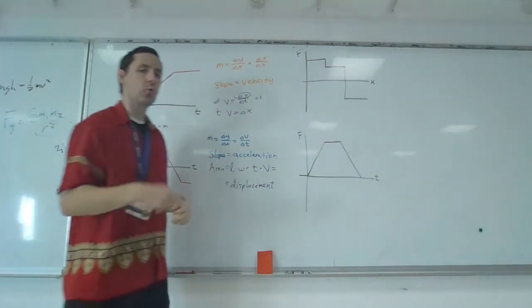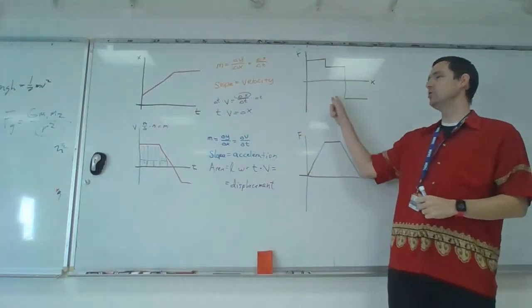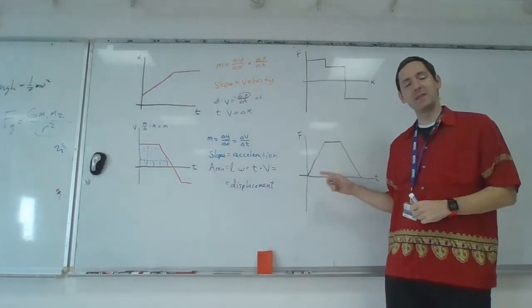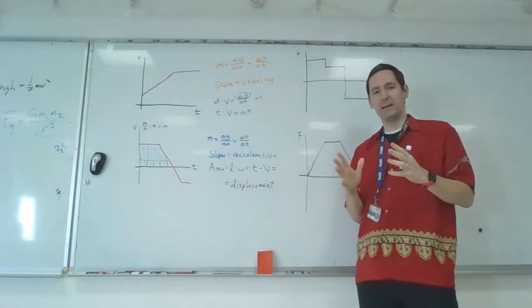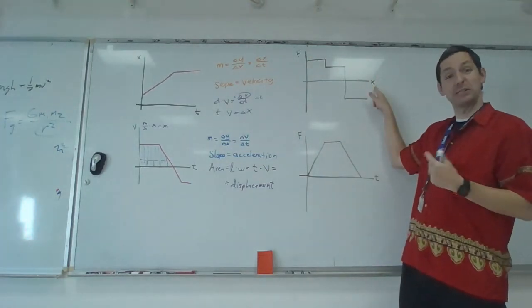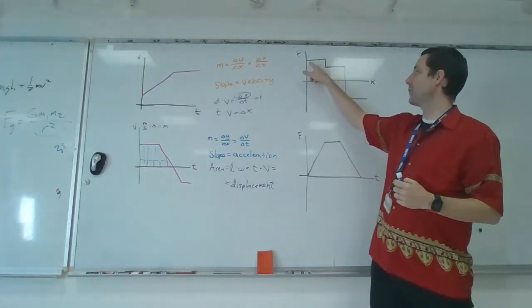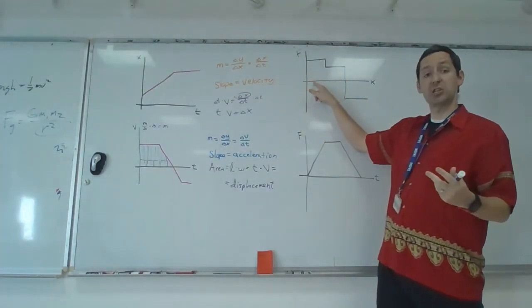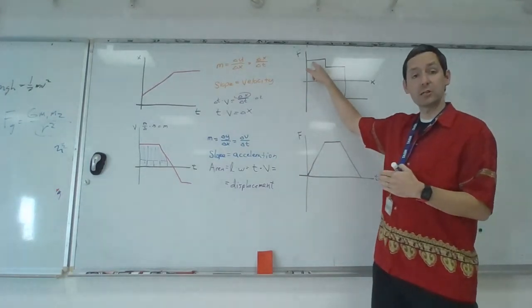All right? So what I want to do now is introduce you to two new types of graphs. Okay? And these are connected to some things that we've been doing in class. The first one is force and distance, position, length. All right? Now, we can read from this at a specific position. When I have traveled 1 meter, what is the force on my object?